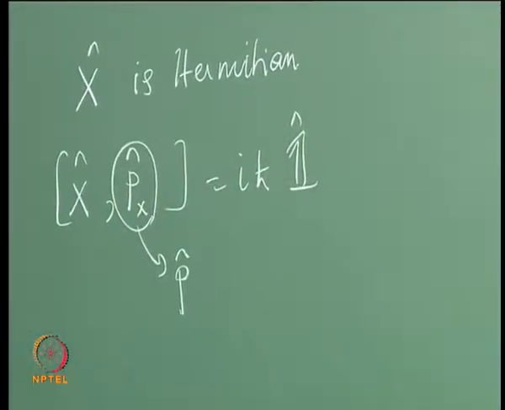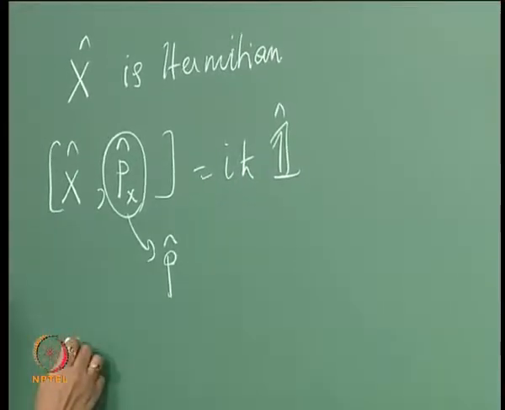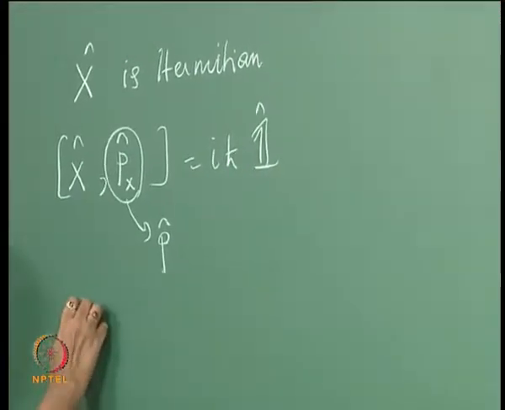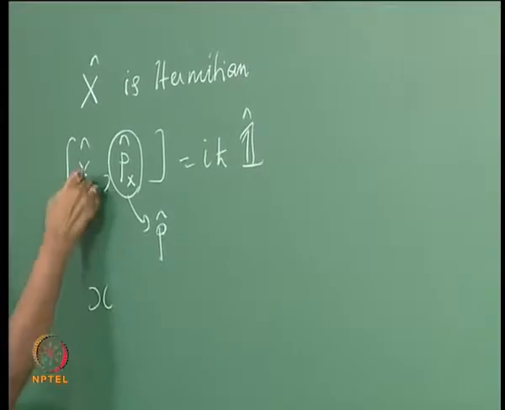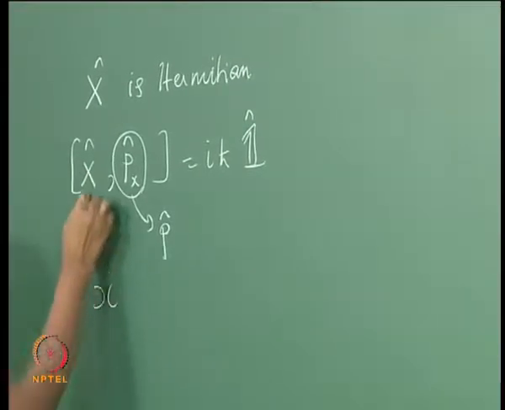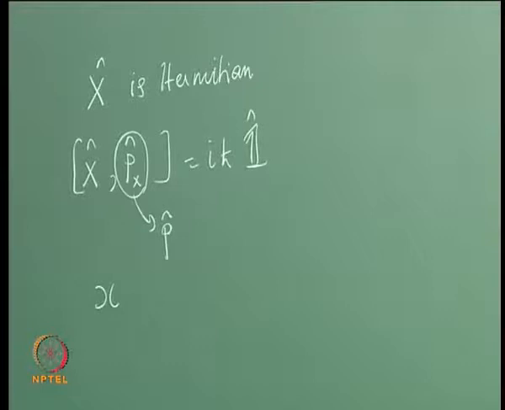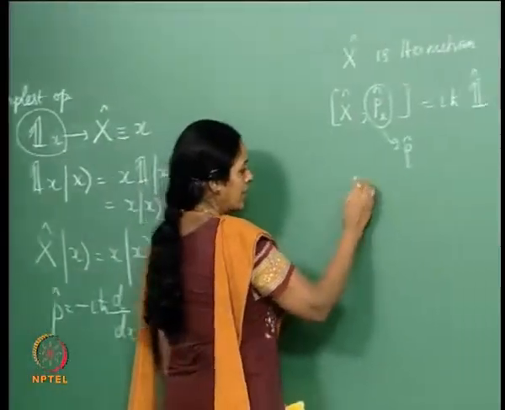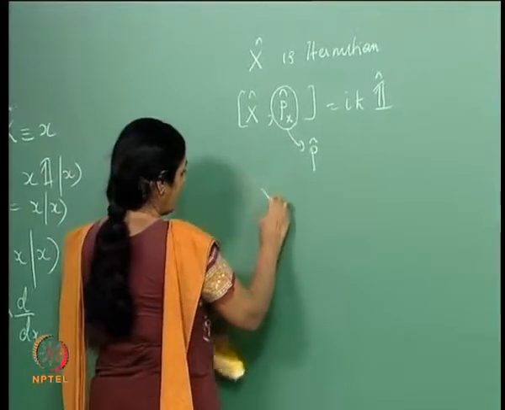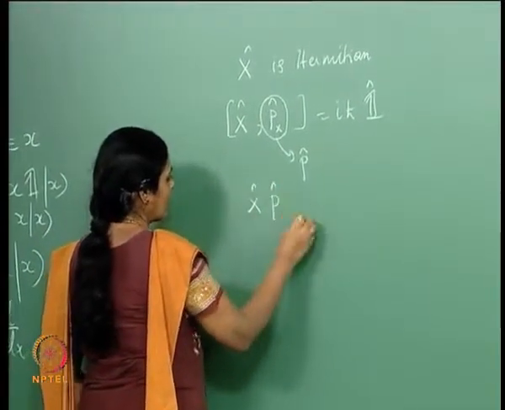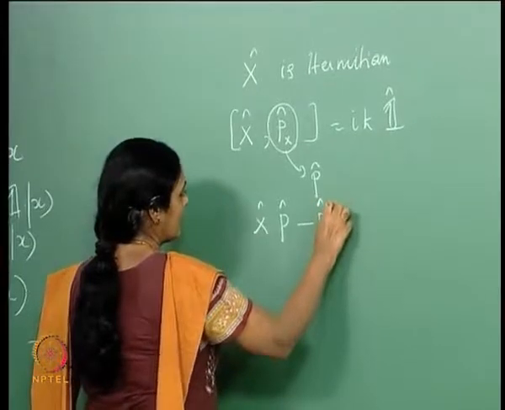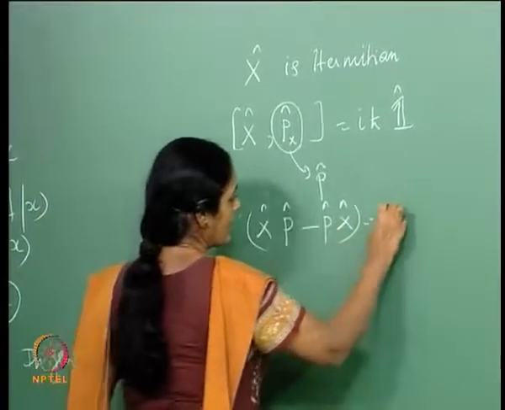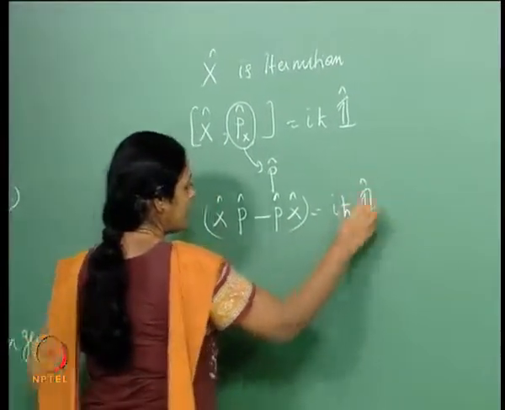The identity operator is Hermitian. So, if you now expand, you have x to be simply replaced by the number x. I am suppressing the fact that there is an identity operator there. So, if you wish, we will keep it that way: x p minus p x is i h cross identity.